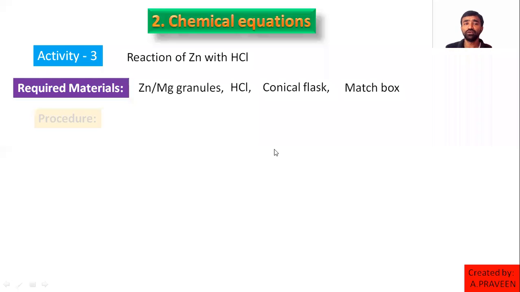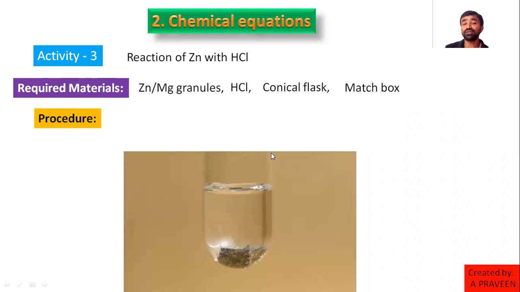In the procedure, what will we do? Taking the liquid, that is hydrochloric acid, in a test tube or a conical flask, right? After that, drop 1 or 2 granules of zinc or magnesium, right? So here they can react. How do we notice the reaction between them? See here, in this I have taken a liquid, that is HCl, in a test tube, and I dropped 1 zinc metal piece.